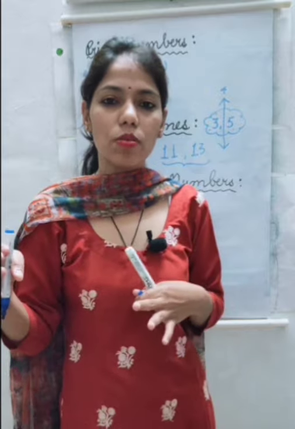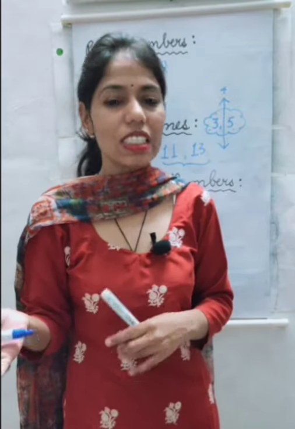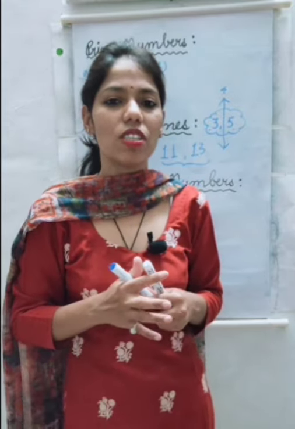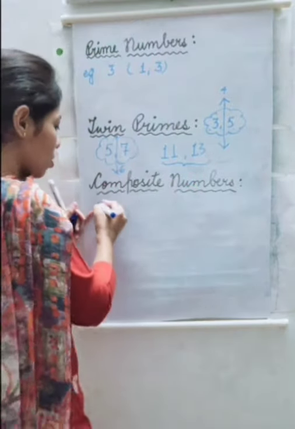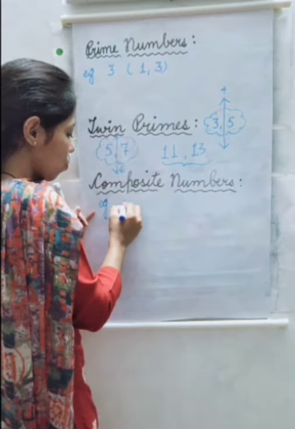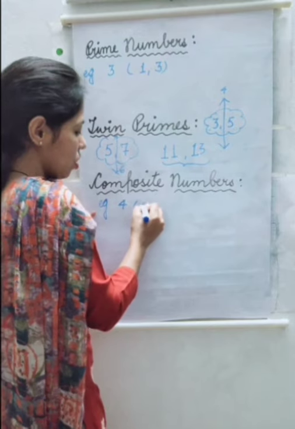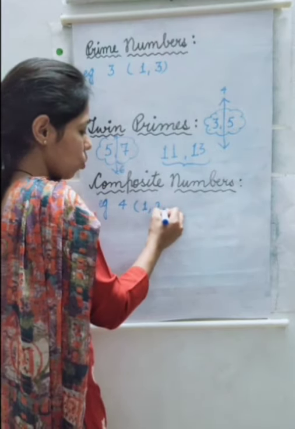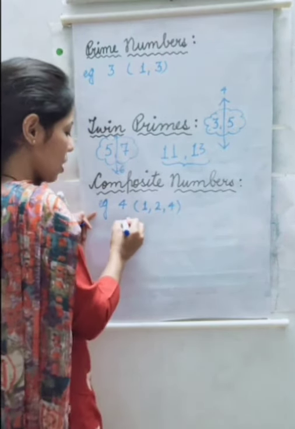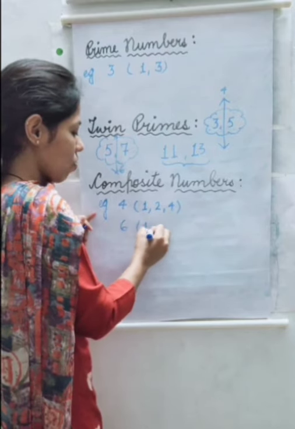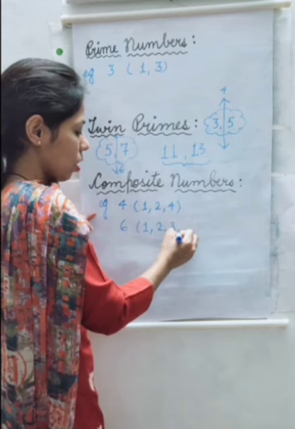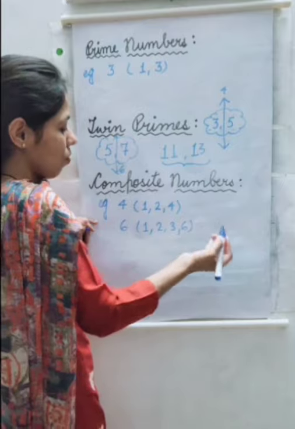So all those numbers which have more than two factors are called composite numbers. First example was 4, as it is divisible by 1, 2 and 4 itself. 6 is divisible by 1, 2, 3 and 6 itself.